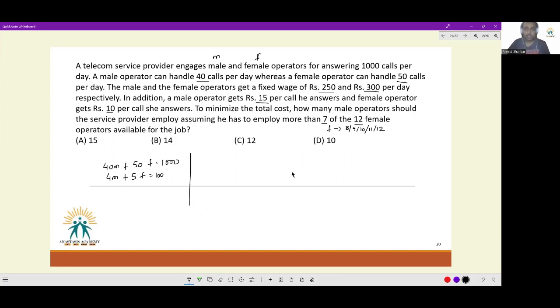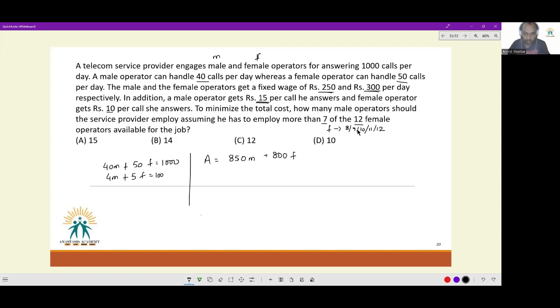Now the payment that is made to them: for every male employee, he gets 250 as fixed and 15 into 40, so 600 plus 250, 850M. And for every female employee, 300 plus 10 into 50, so 800F. 850M plus 800F. This is the amount that we are looking to minimize.